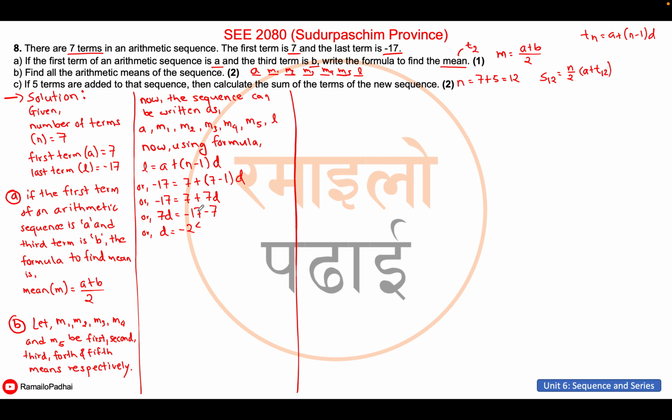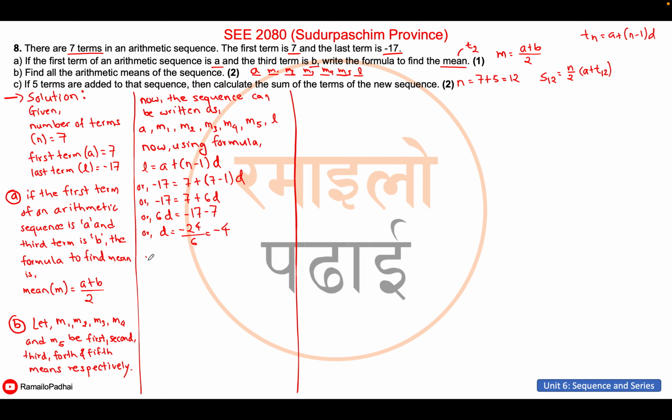I think I made a mistake here. 7 minus 1 is 6. How come I write 7? Let me just erase that. Okay, so 7 minus 1 is 6. So 6D, D is minus 24 upon 6, that is equals to minus 4.